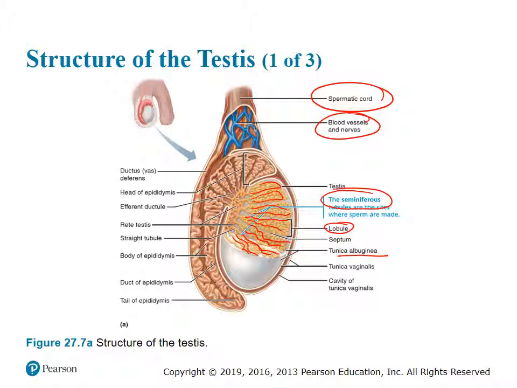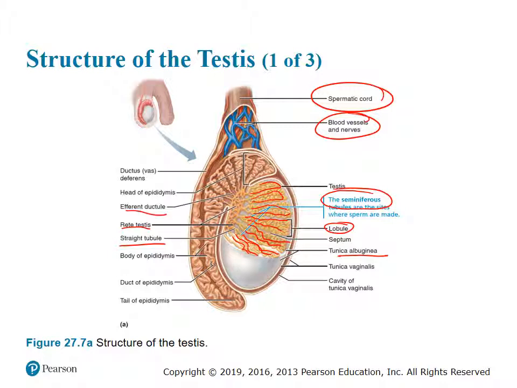And undergoing meiosis, those cells divide and become many sperm. Those sperm are immature at a certain time point, and then they will travel from the seminiferous tubule into what we call the straight tubule, into the rete testis, the efferent ductules.